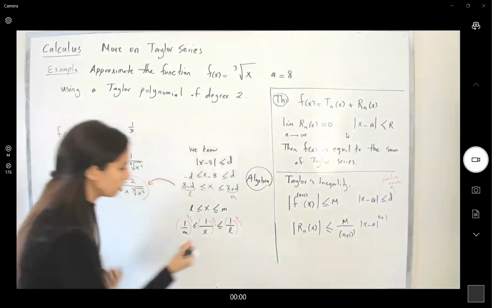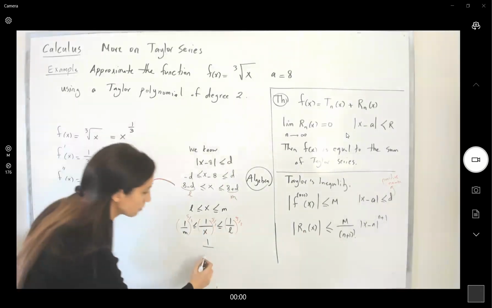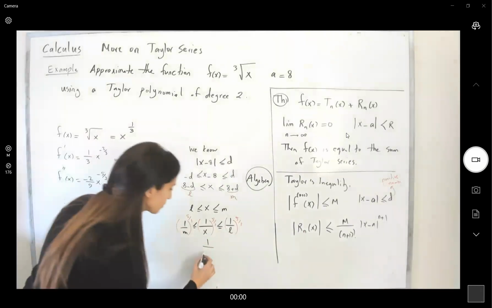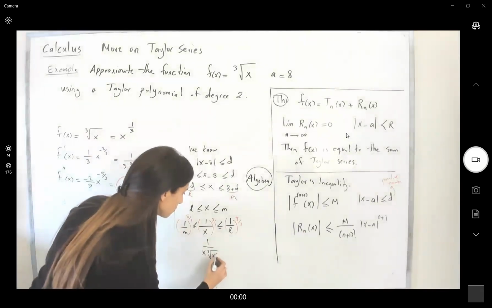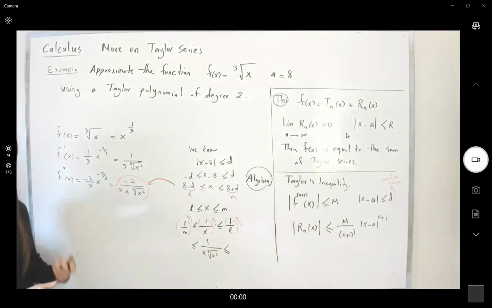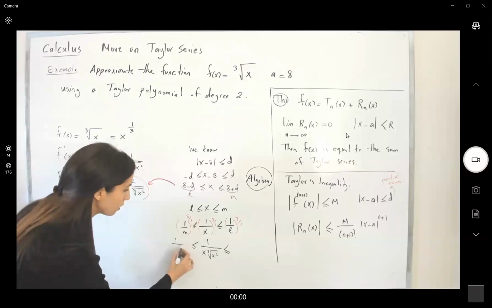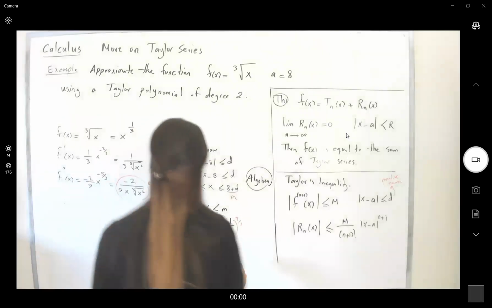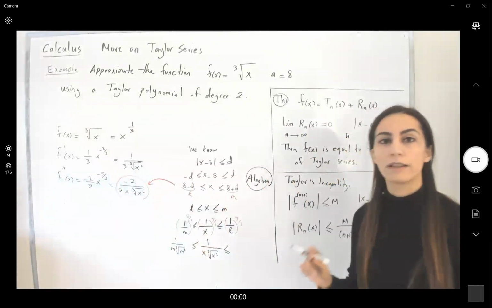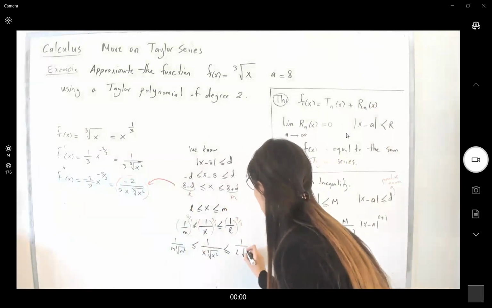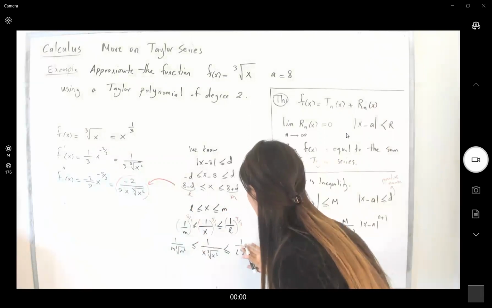Perfect. So what do we get? We get 1 over x raised to 5 thirds, which is equal to 1 over x times the third root of x squared, less than or equal to this number. This is just a number: 1 over M times the third root of M squared. Again, M and L are numbers. And this is less than or equal to 1 over L times the third root of L squared.